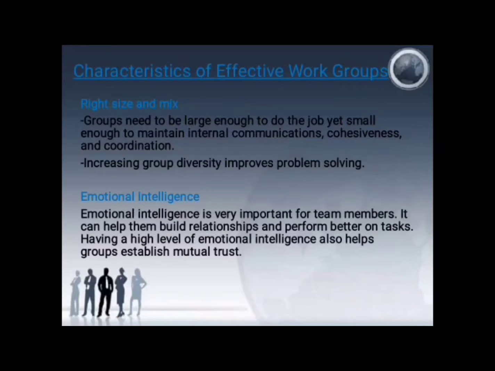Next characteristic is emotional intelligence. Emotional intelligence is very important for team members. It can help them build relationships and perform better on tasks. Having a high level of emotional intelligence also helps groups establish mutual trust. For example, self-awareness and self-regulation.